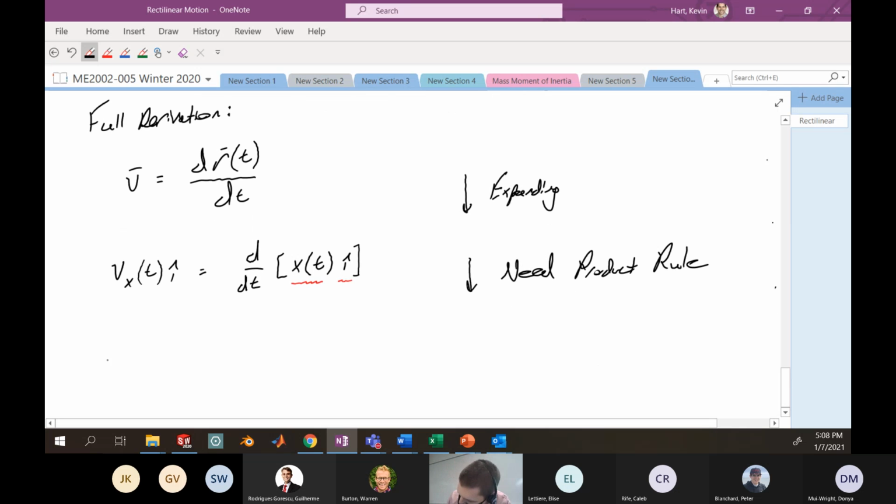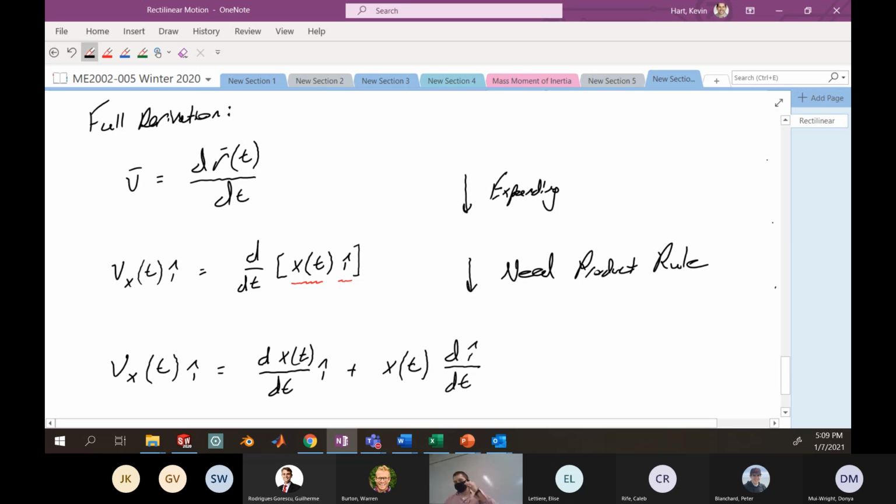In actuality, your velocity in x in I hat is something like the derivative of the first bit times I hat plus the second bit multiplied by the derivative of the second bit. All right, u dv plus v du. You learned this in calculus, I'm sure.